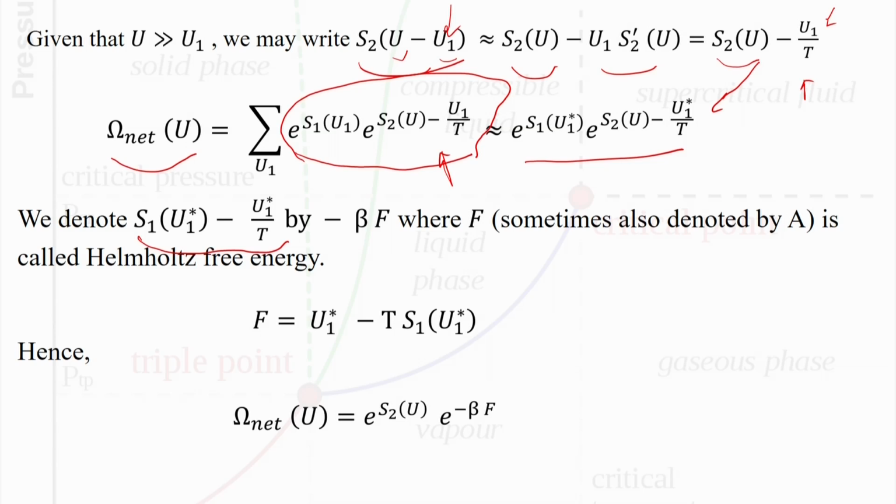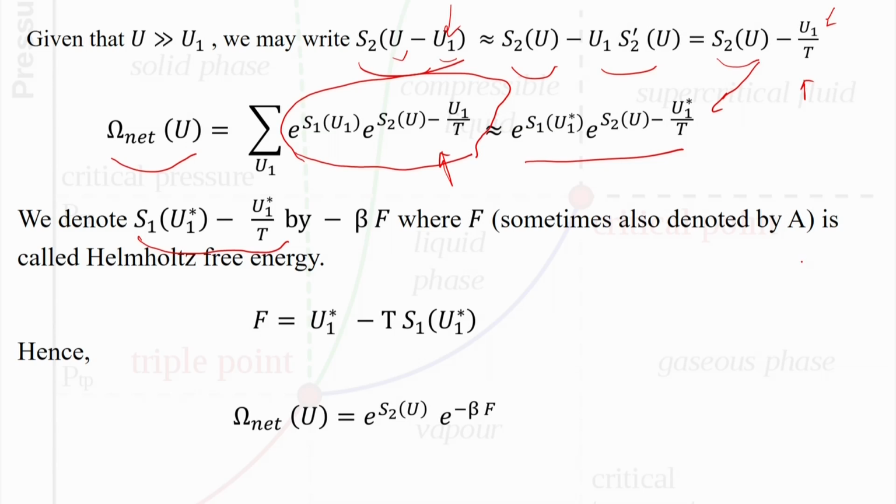This is related to what is known as Helmholtz free energy. So, we denote this by minus F by T, which is, remember, beta is 1 by T. So, we call this difference minus beta F, and F is sometimes also denoted by A.